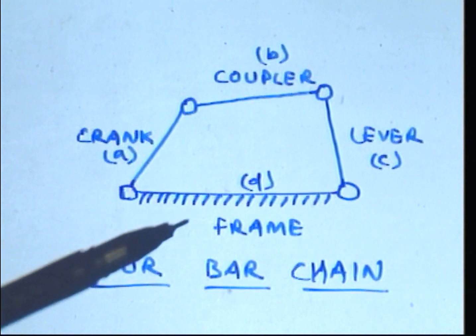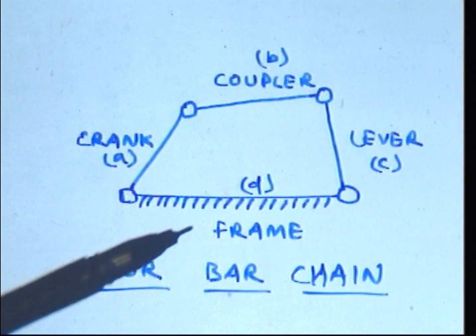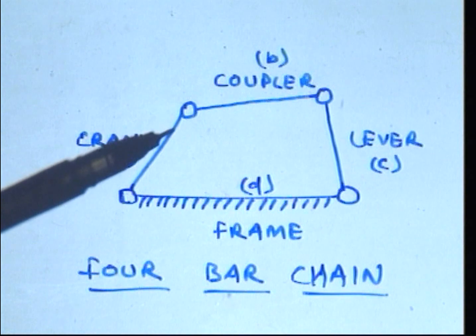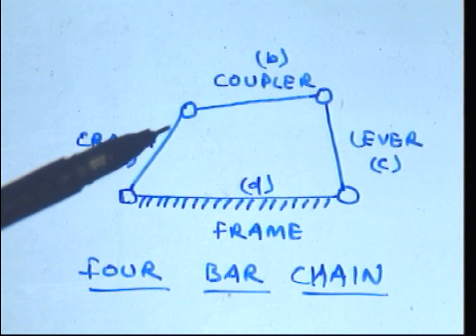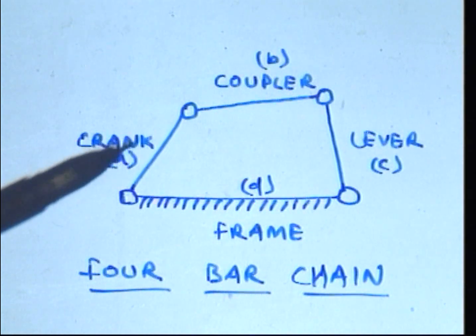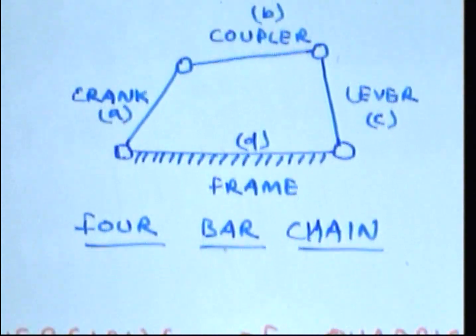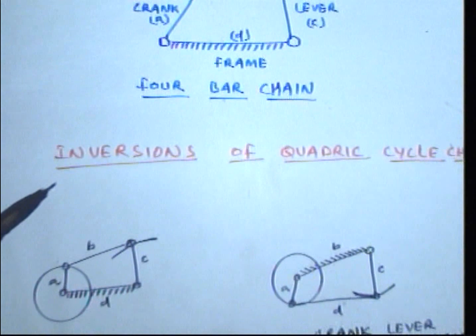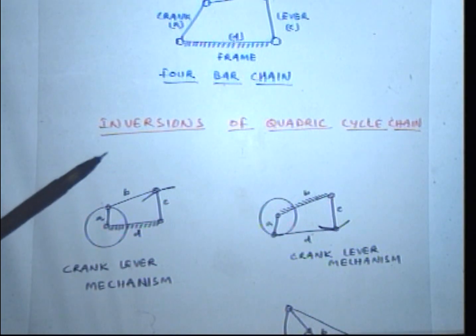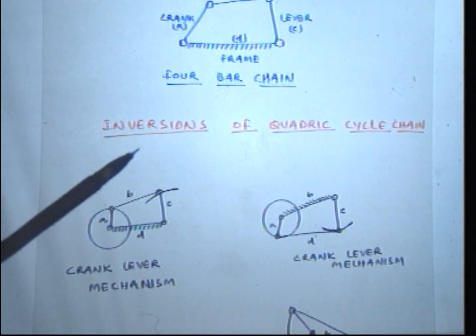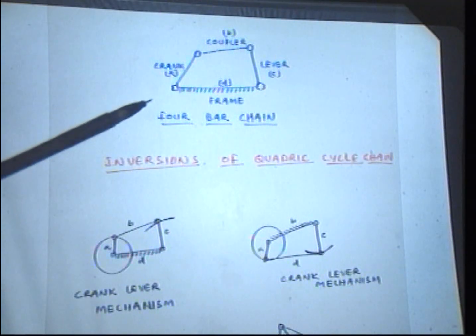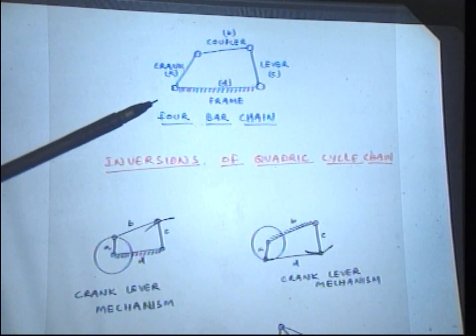The frame is fixed here. We may find some relative motion between the other links. We already studied the inversion of a mechanism. Now we discuss the inversions of the quadric cycle chain. This is a 4 bar chain.